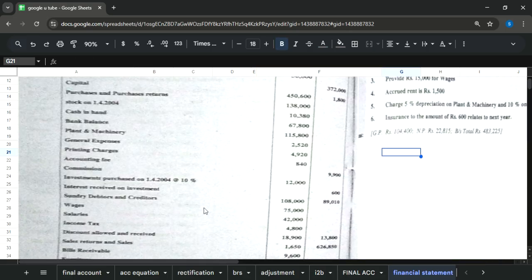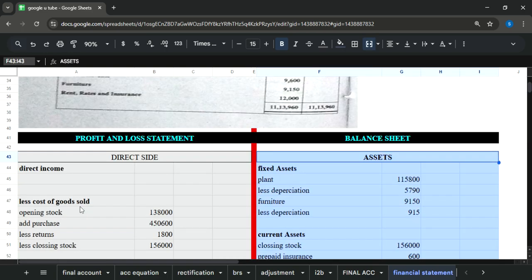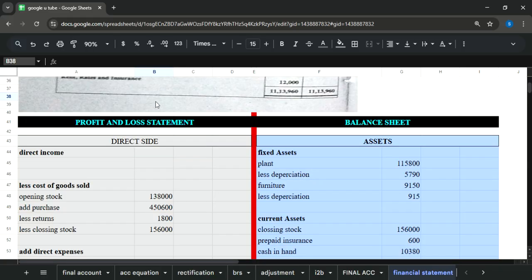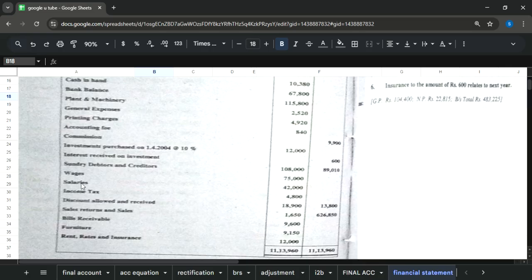Alright. Now next is wages, 75,000. Wages we have already entered. We will put 75,000 over here. After wages, we have salaries, 42,000.